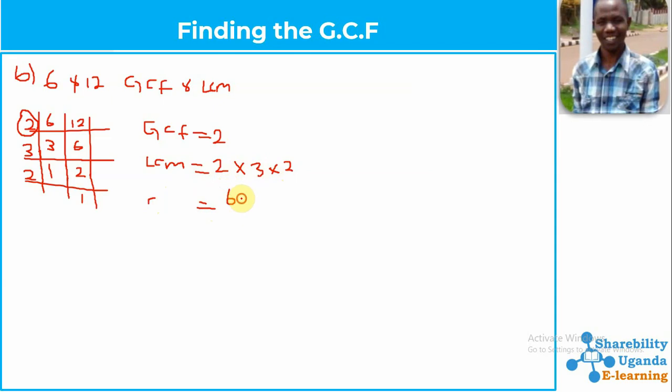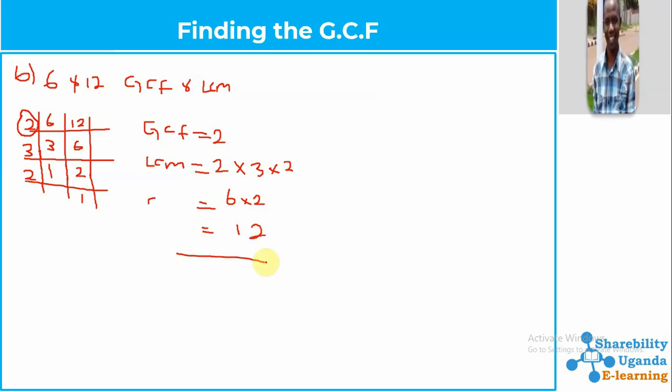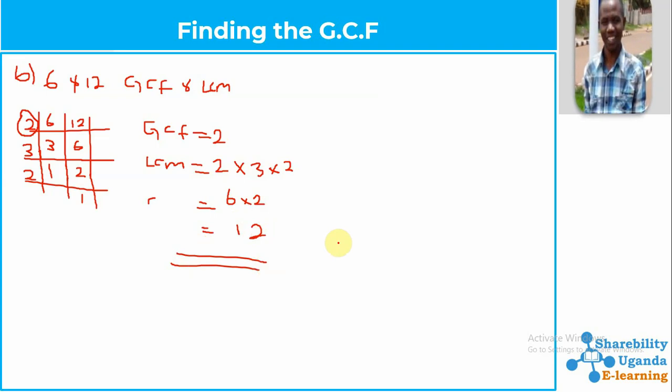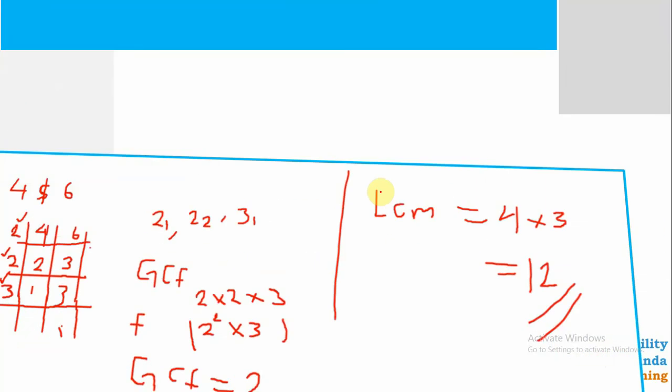This is the same as 6 times 2, then our answer here is 12. So we have been able to solve these numbers using prime factorization.